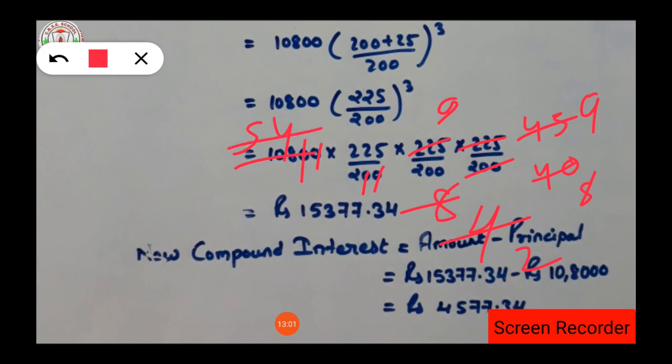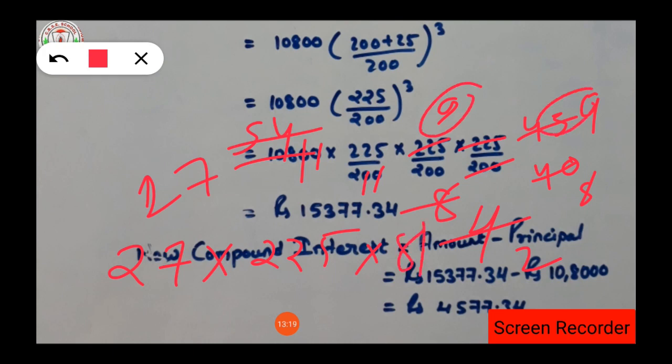That will be how much? 4 will be 2 times and 1 carries 7 times, isn't it? Now what is the number left with us finally? That is 27 into 225 into 9 into 9 will be 81 upon 2 into 8.